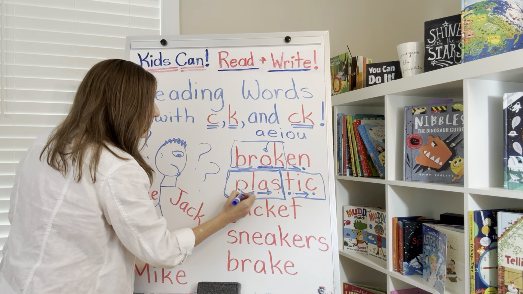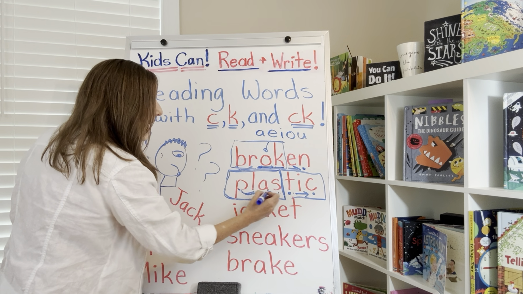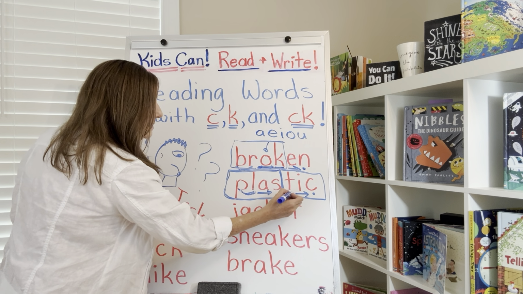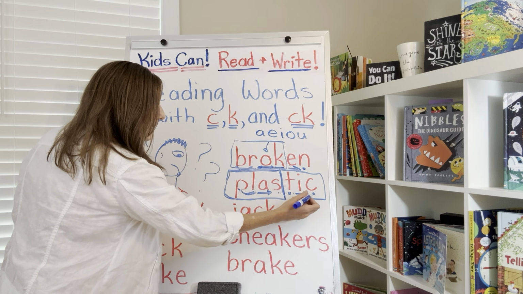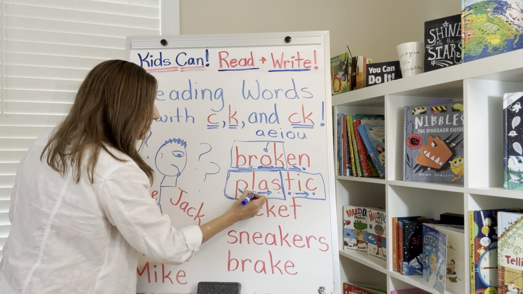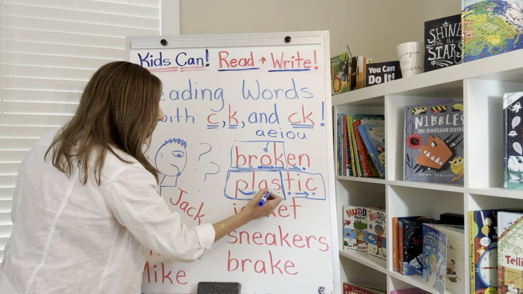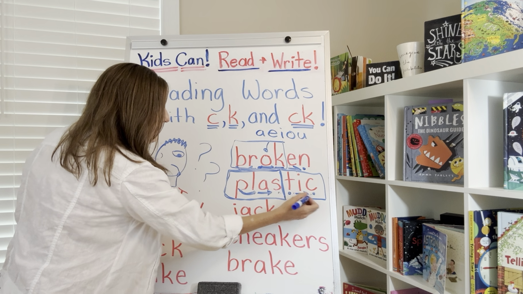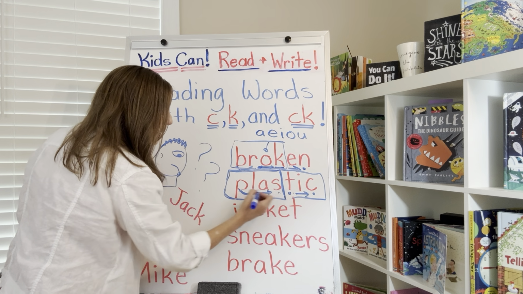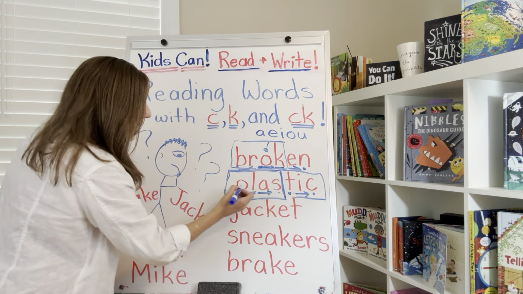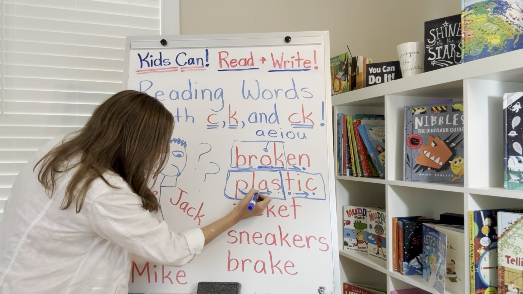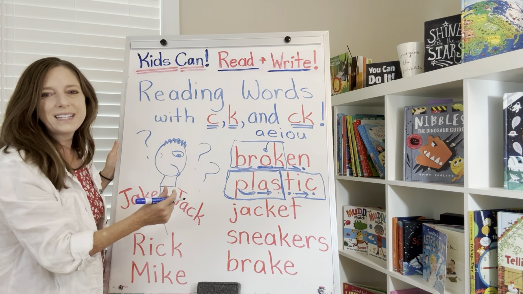Pa, la, pla, plas, and then go through this. Ta, ick, tick. Do you remember this? If not, do it again. Plas. Now do this. Tick, plastic. And remind them to look at the letters as they put it back together.